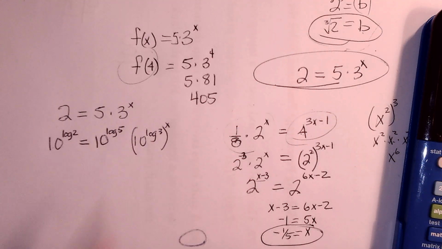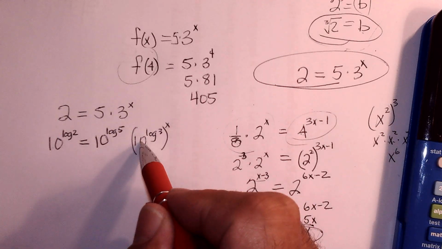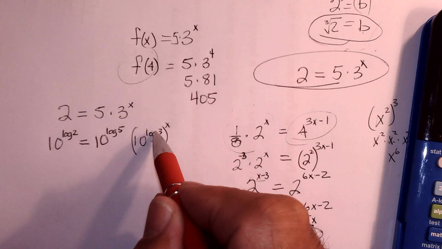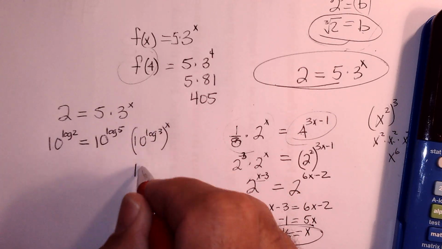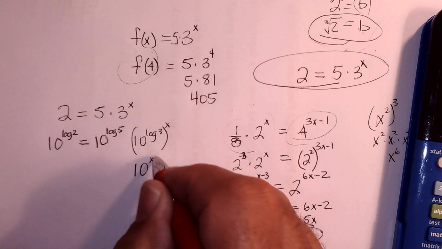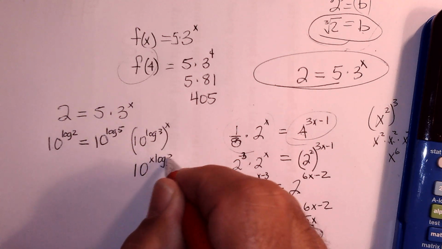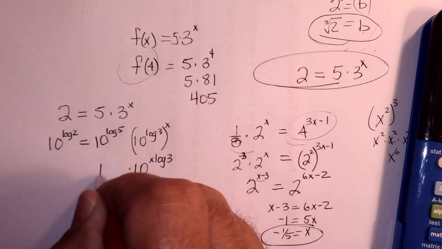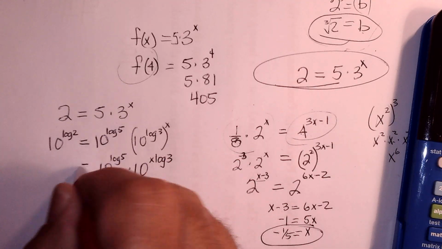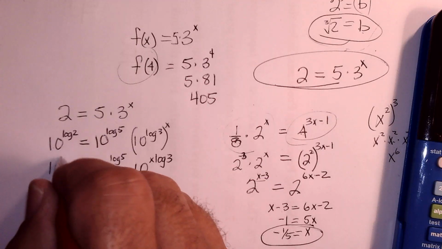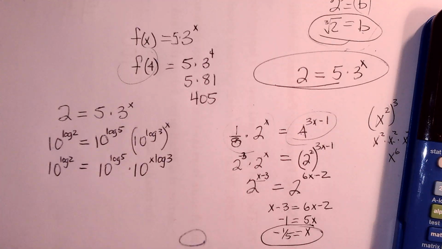Now, how do we solve this? Well, when we got a base to a power to a power, we multiplied. So this is 10 to the x log 3, times 10 to the log 5 equals 10 to the log 2.